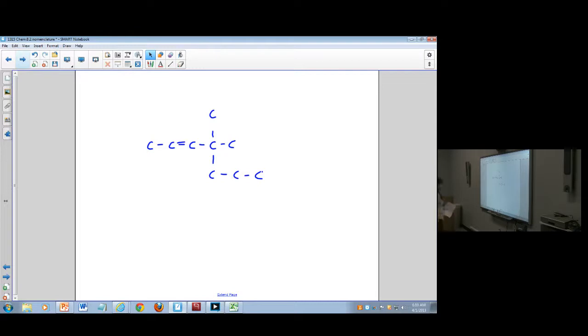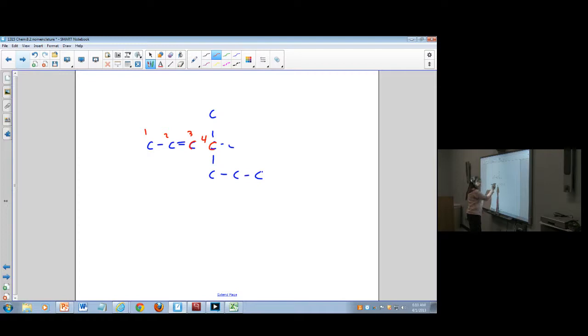All right, so we could start a number of ways in counting our longest continuous chain. But one thing I know is with this double bond in here, I'm almost certainly going to have that on my longest continuous chain. So we could count 1, 2, 3, 4, 5, and we'd be wrong because we can make it longer.